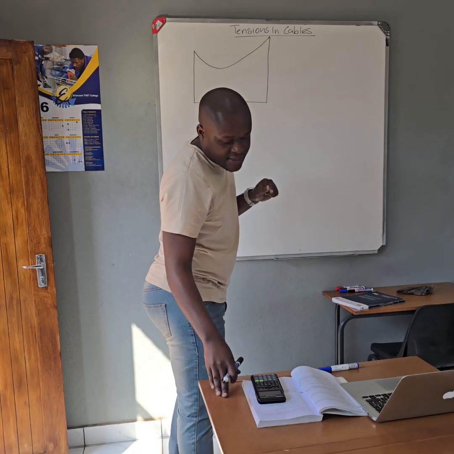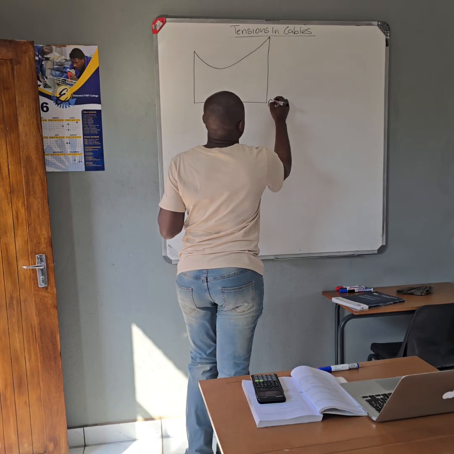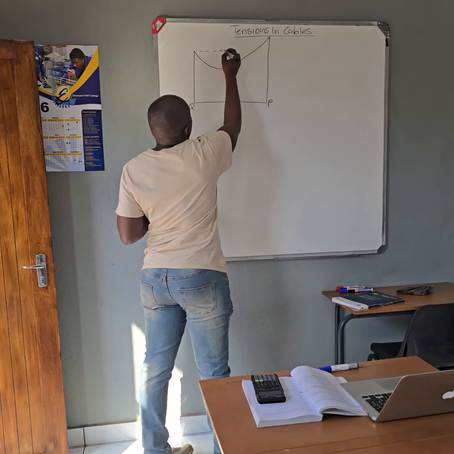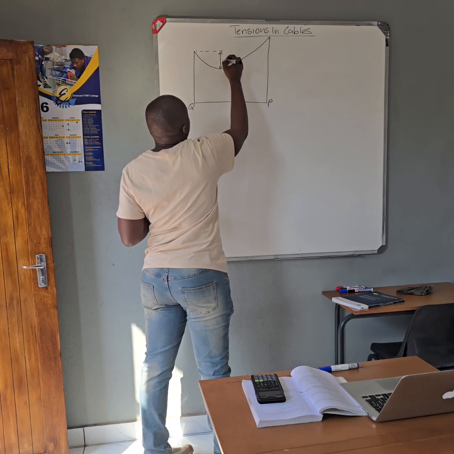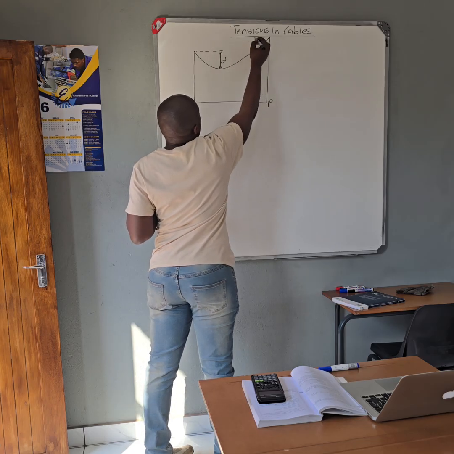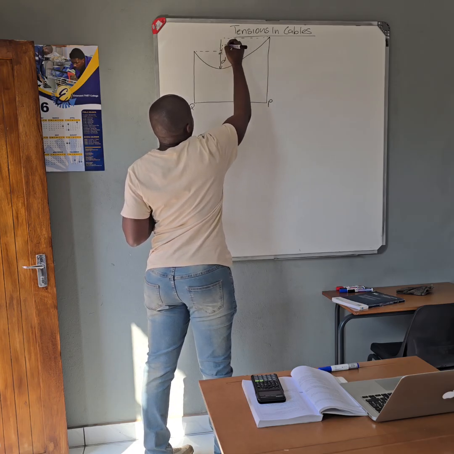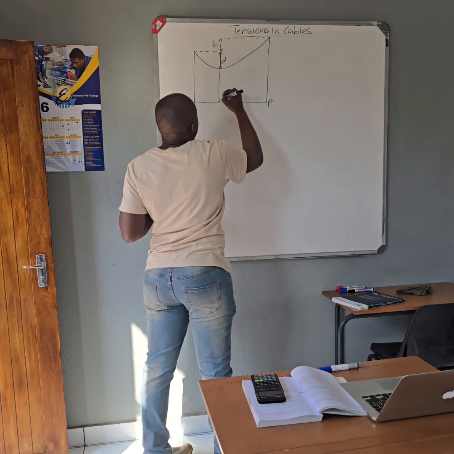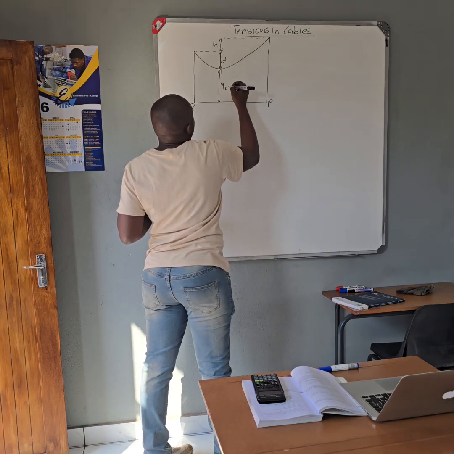Support P is 6 meters longer, so the longest one is P and the shorter one is Q, right? Then we have the sag, which is D, and then we have this height here, H. Then we have this one here, YO.